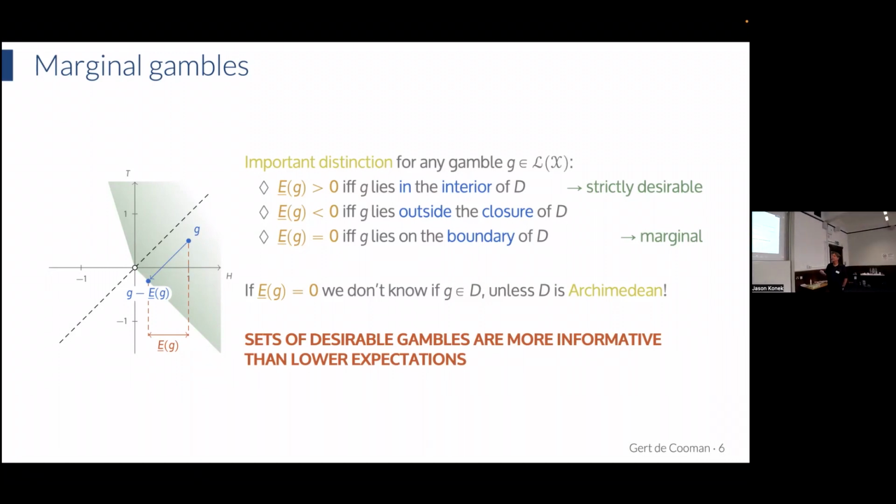I can't do that for desirability because some borders may be included and some may be excluded. I said nothing about that. So desirability is in that sense more general, more informative, if you want. And I think that Teddy will have much more to say about that kind of distinction and Archimedeanity later on.